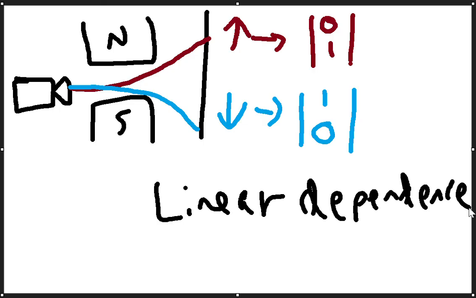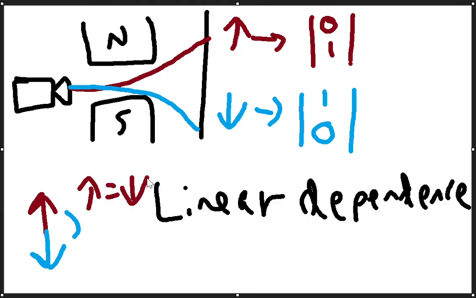I'm out of room. But essentially, if we treated, say, the upward vector like this, and the downward vector like this, then this would just mean that they're kind of part of each other. And we'll see more about this when we get into matrices. But this would basically mean that up is equal to down, which won't help.